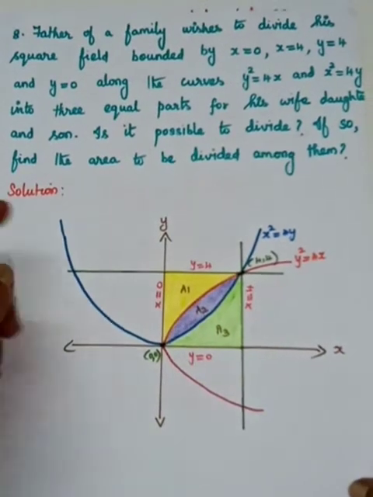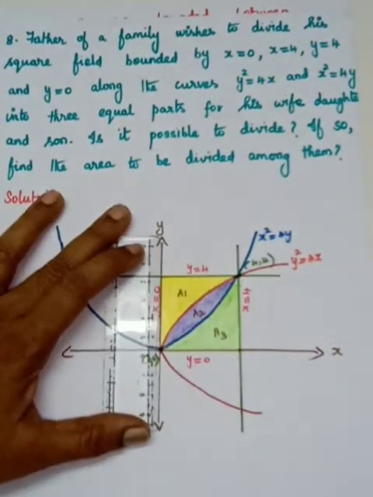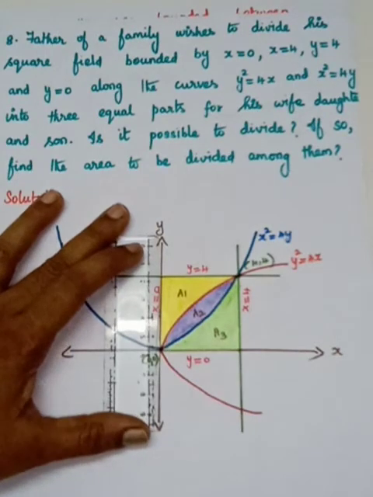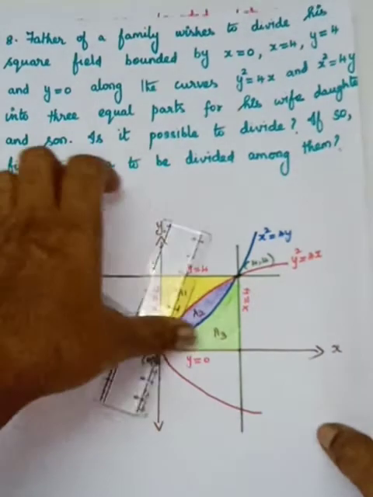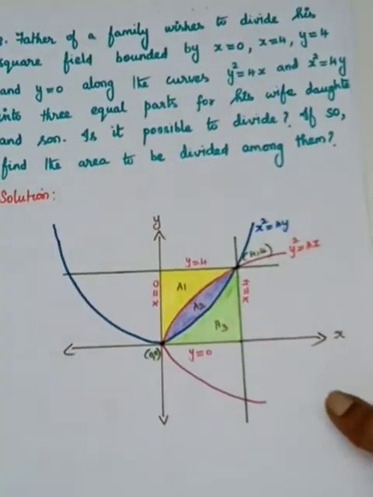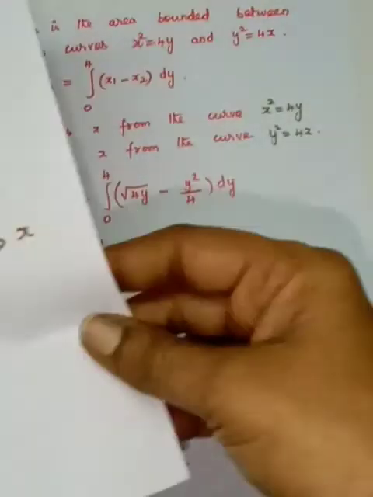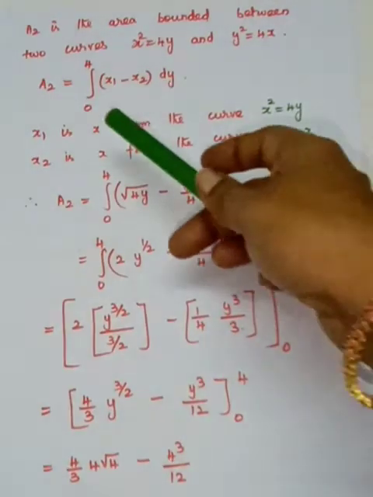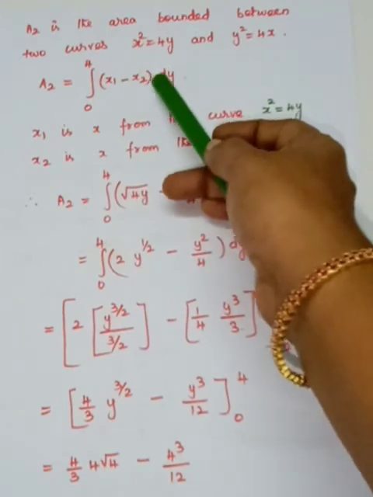If the y-axis is chosen, you have to use the formula x1 minus x2 into dy. You can choose x-axis also. If you choose x-axis, you have to write the formula y1 minus y2 into dx. Here I have chosen the y-axis, so I use the formula integral x1 minus x2 into dy.